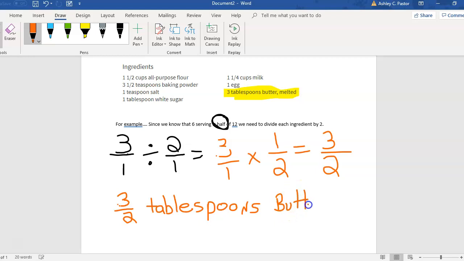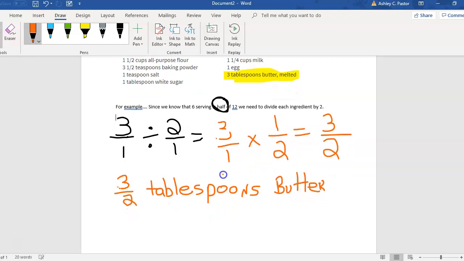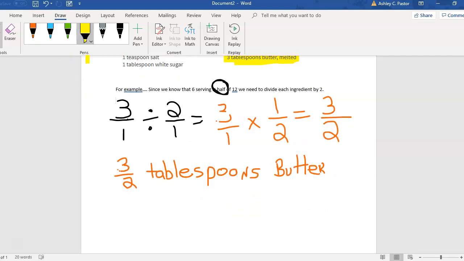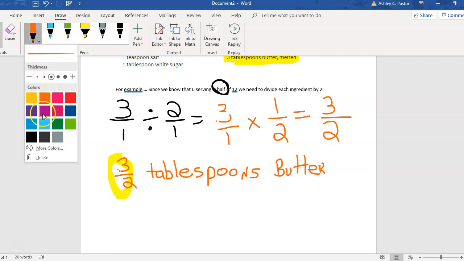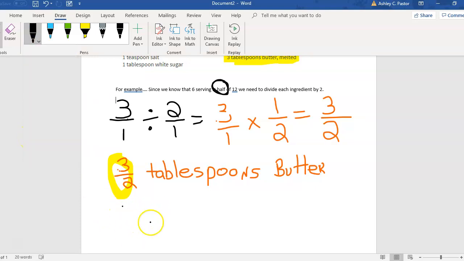Now that we have that, we see that this is 3/2, so I can simplify that even more and convert it to a mixed fraction. To convert it to a mixed fraction, remember we use division.